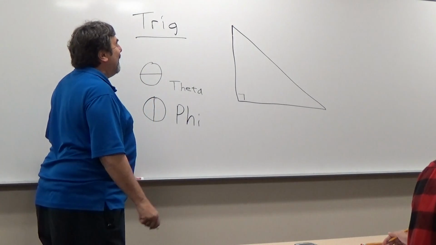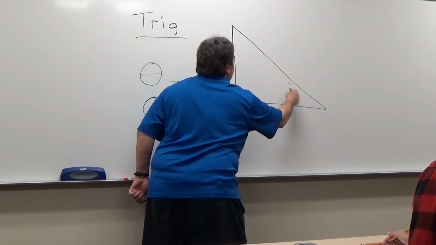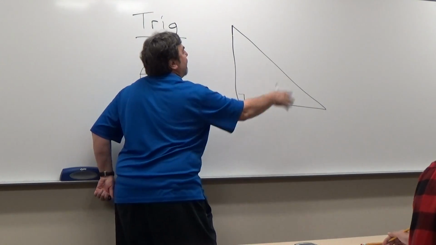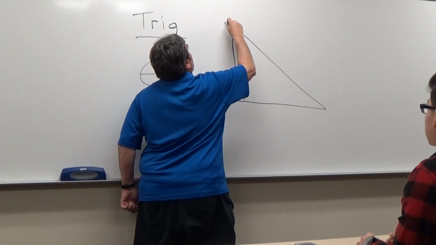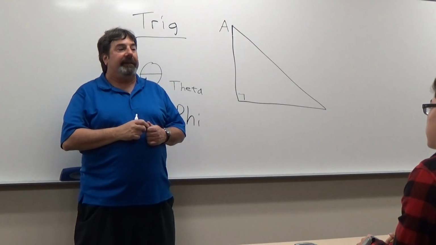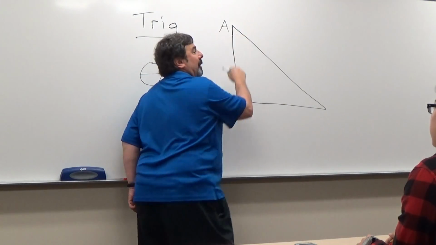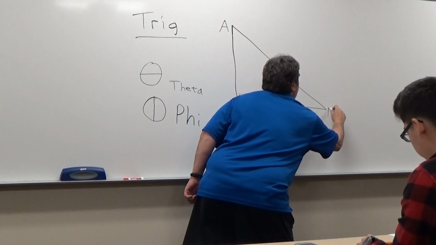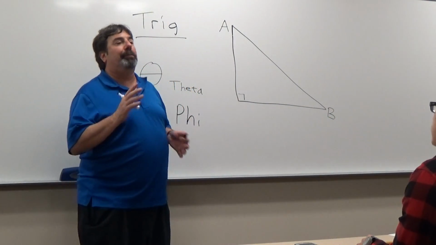So anyways, when we label the angles and we're not labeling one as theta or phi, and we just randomly label them, such as A, B, and C, capital letters are used to indicate angles. So I'm going to label this angle here as capital A, this angle here as capital B, and this is important.